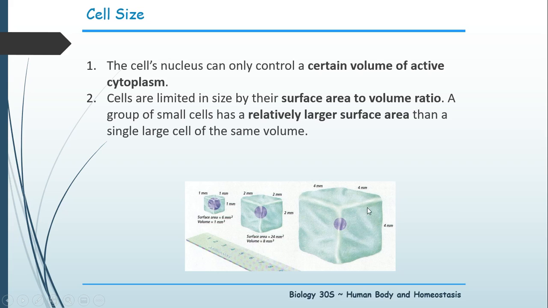So you can see if we go one step further, you have sides that are 4 millimeters instead. Well, you got 16 millimeters for one side, and 16 times 6 is going to give you what, 96 millimeters squared. Your volume, on the other hand, is going to be 4 times 4 times 4, which is basically 16 times 4 ish, right?